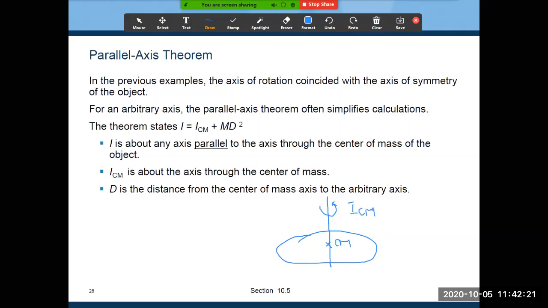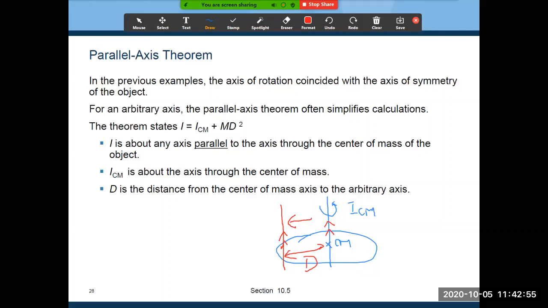If the object is not rotating about this axis through the CM, but about another axis parallel to the original axis, these two are parallel to each other, and the distance between the two axes is d.